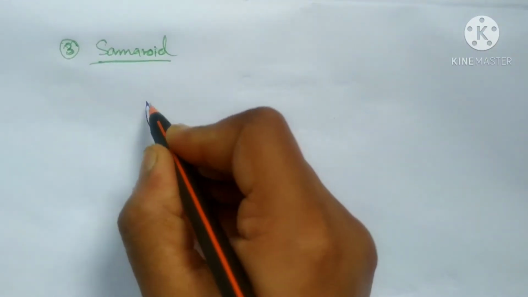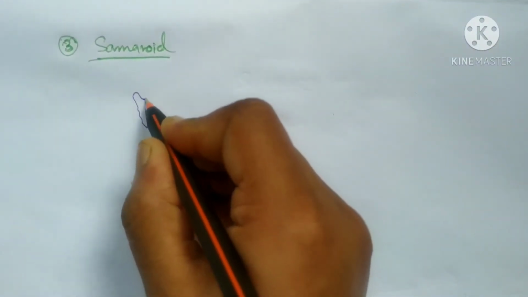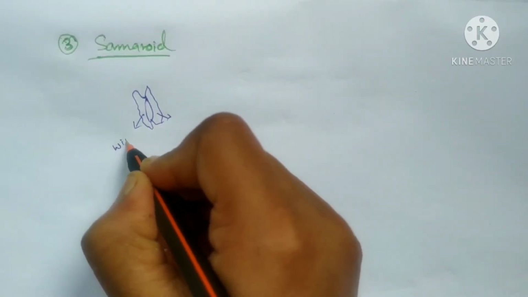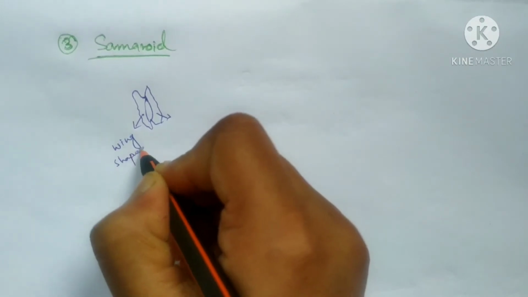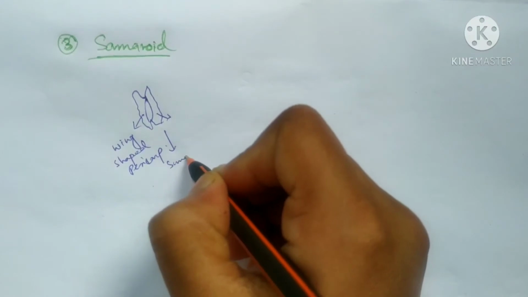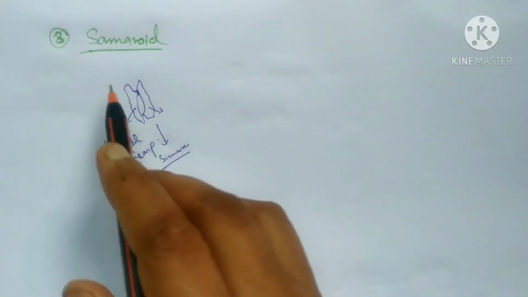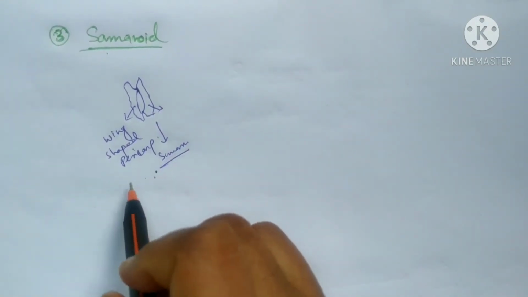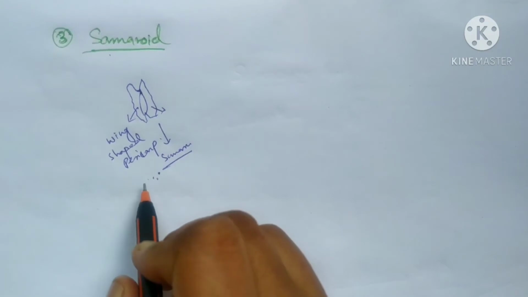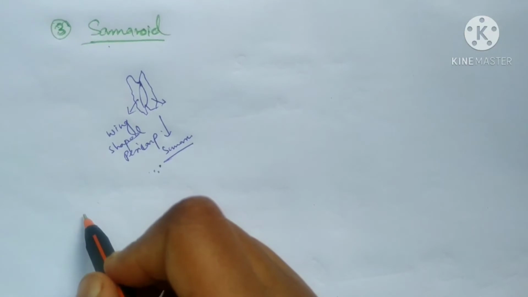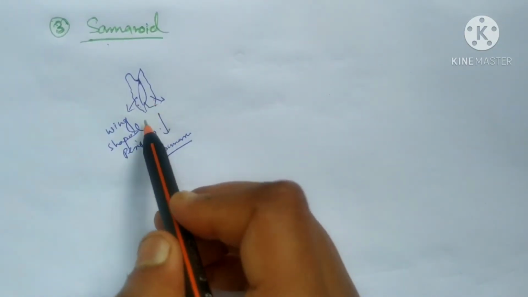In Samara, wings developed from pericarp, which means these are wing-shaped pericarp, and this is Samara, right? But in case of samaroid, wings are present, but these wings are persistent sepal or calyx.